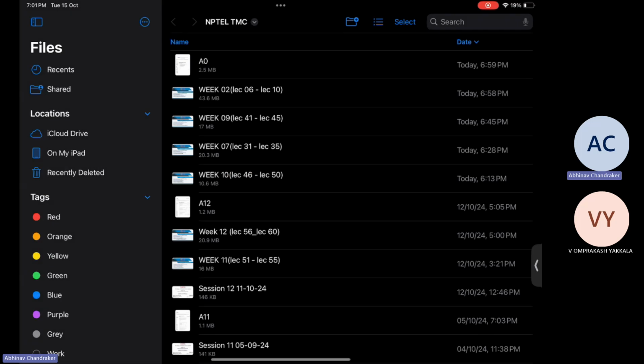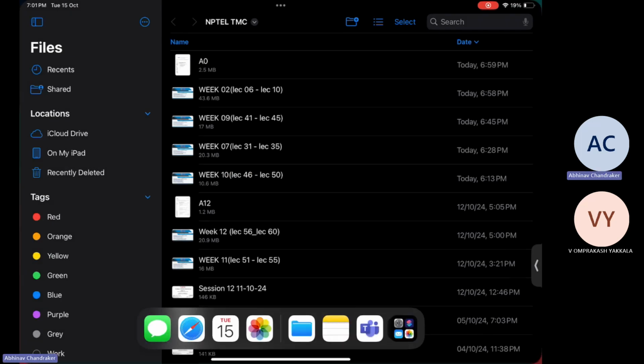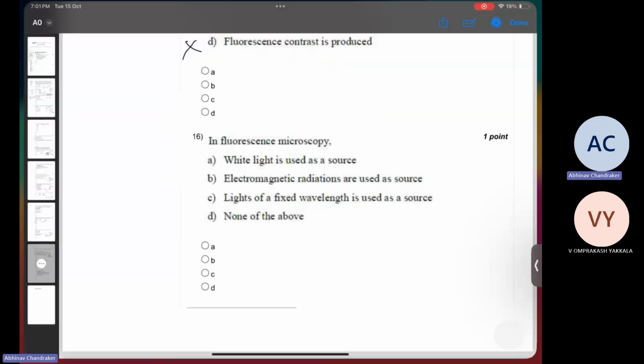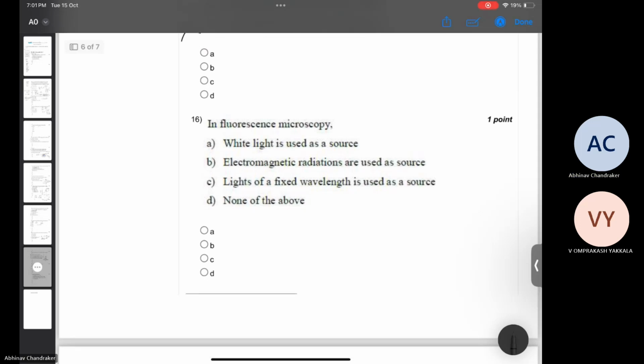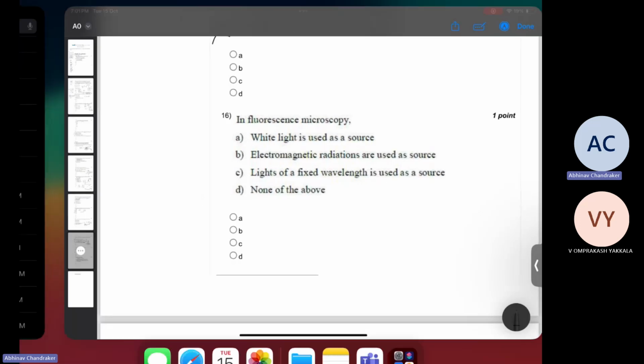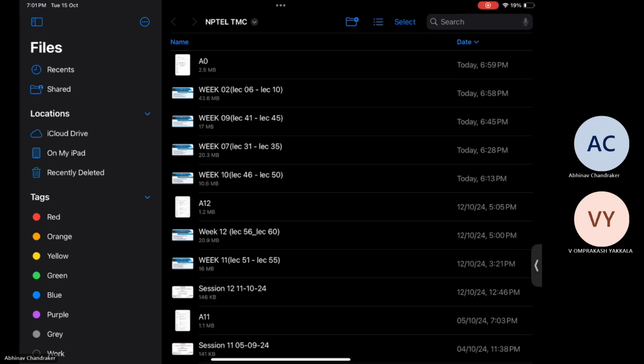I had discussed all the previous questions before it. I'll just show it to you for reading it once. So in fluorescence microscopy, what source is used?